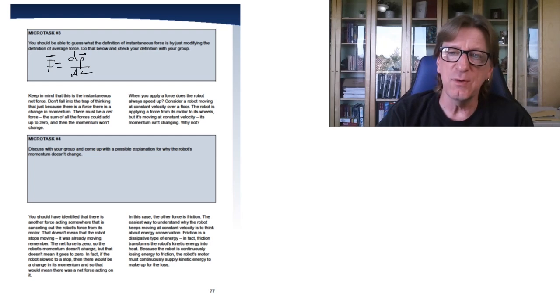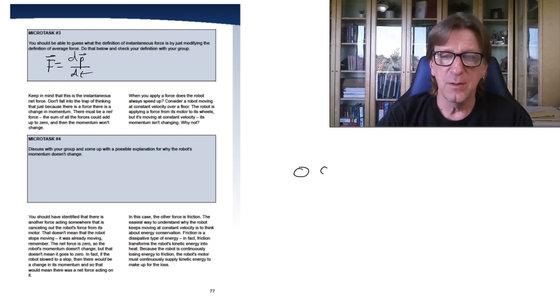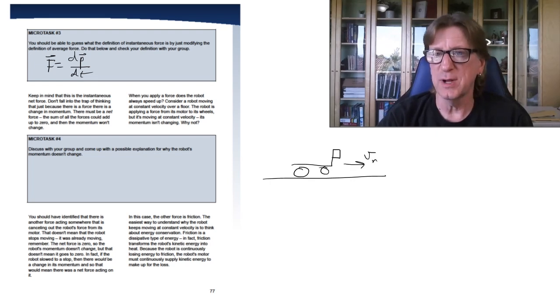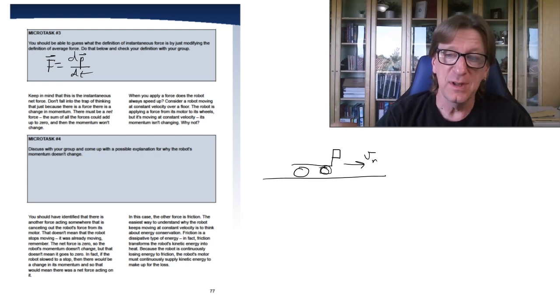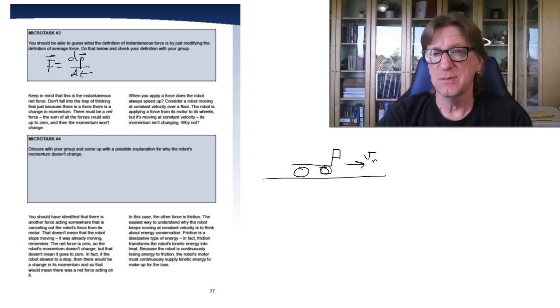Let's think about it. If you've ever run a robot, the robot will be moving along, say, at a constant velocity. So let's say that's our velocity of the robot. However, I'm still having to put energy in the system. I'm still having to burn my batteries. As soon as I turn that motor off, does it keep moving at that constant velocity? No, right?